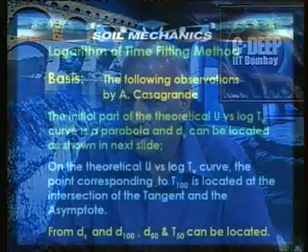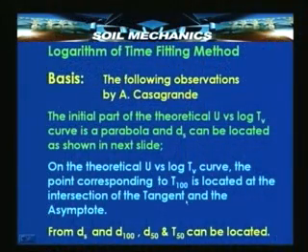The basis, as you can see in this slide, is that the u versus log t curve is similar to the curve for dial gauge reading versus log of time. In this method, instead of T90, we locate T50.